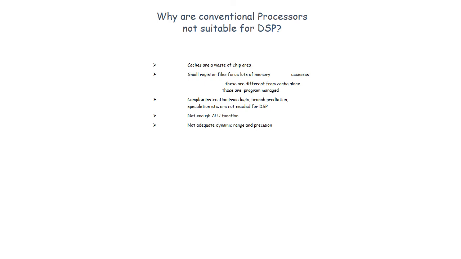Next are the complex instruction issue logic, branch prediction, speculation, etc., that are not needed for DSP. There are not enough ALU functions, and the dynamic range and precision are not adequate. So these conventional processors are not suitable for digital signal processing systems.